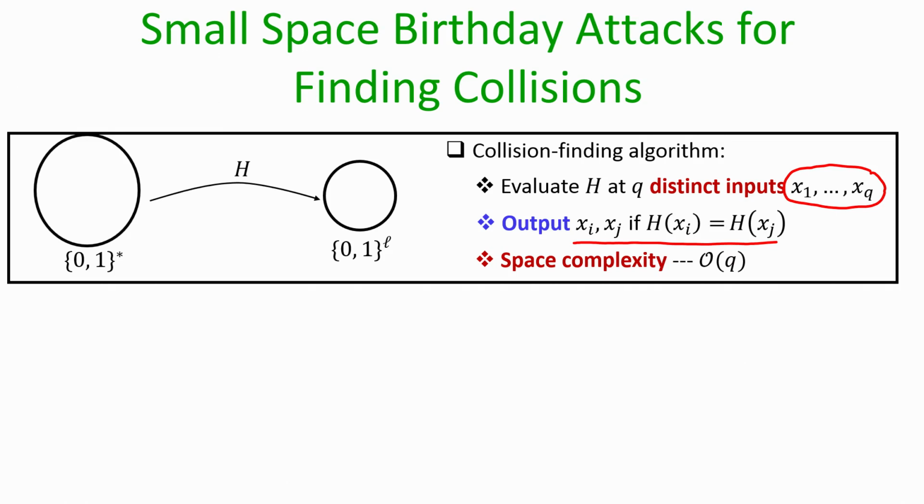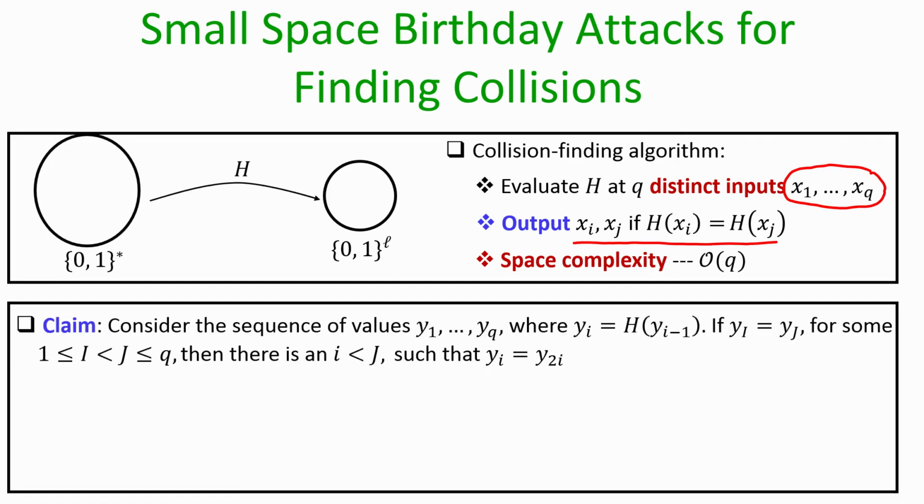Now, you might be wondering how, by storing just a constant number of values, we can still perform an attack similar to the generalized birthday attack. The idea behind this small space birthday attack is as follows.